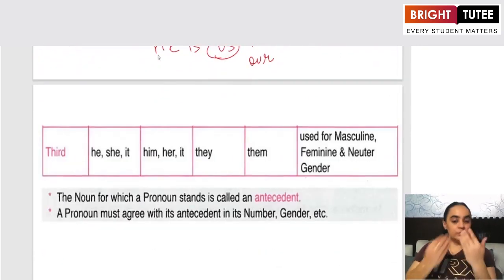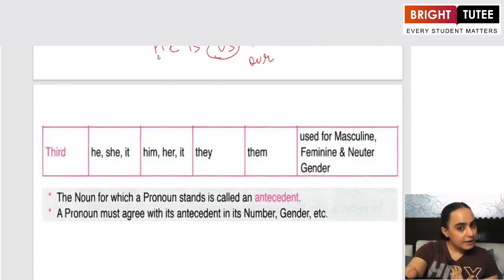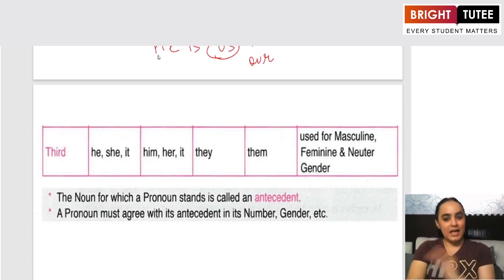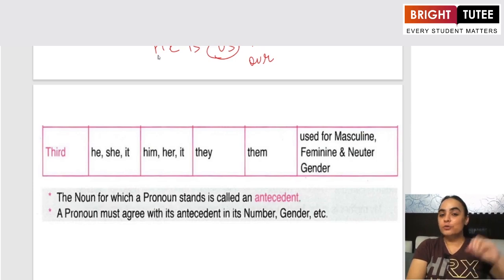And then comes the third person. Third person means when the speaker is talking to you, the listener, about somebody else. If I'm speaking to you about a girl, that will be she. If I'm speaking to you about a boy, it is going to be he. If I'm talking to you about a non-living thing, it is going to be it. If I'm talking to you about a lot of people, it is going to be they, right?